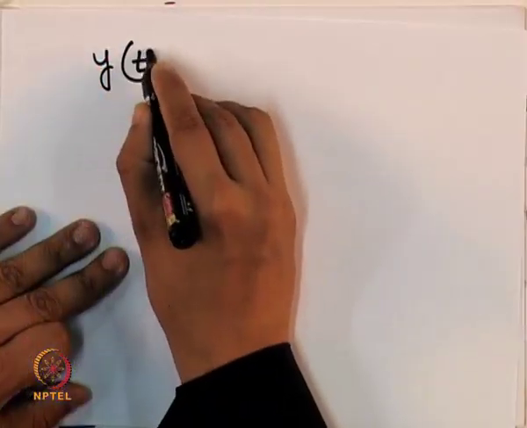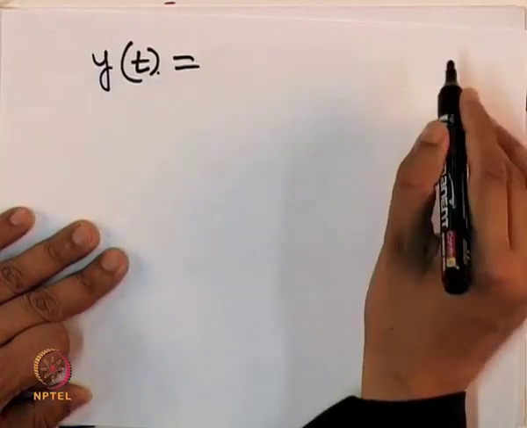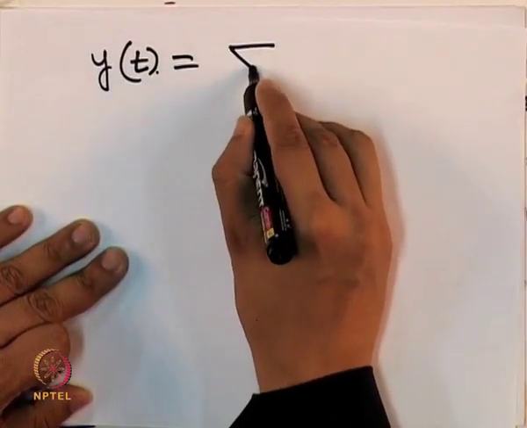Now, based on this transfer function, we see that every linear system has a number of poles in it. So we can write the output of any system in this form.